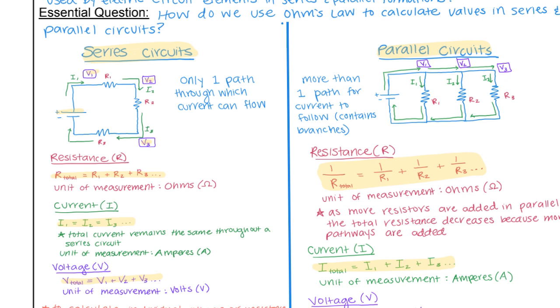It is going to start to lose that voltage. So it might be 8 volts here, and then 6 volts here, and then maybe 3 volts here. And then once it gets past this final resistor, it reaches 0 volts.